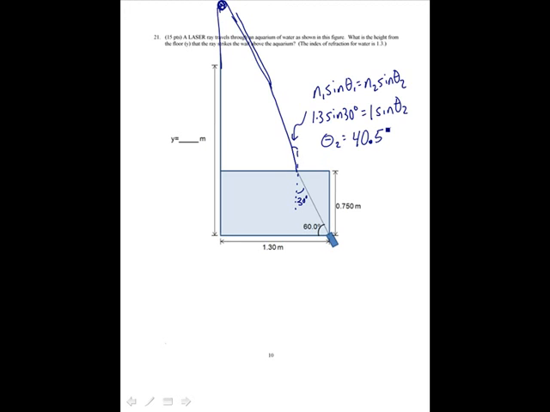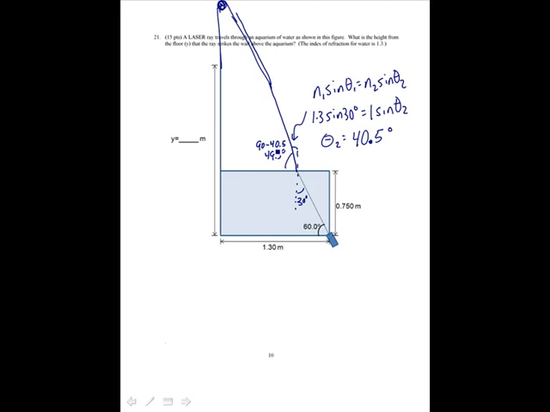Right. That was sort of the largest part of the optics part of the question, and then it was just a matter of geometry or trigonometry, if you will. So I can say that this angle is 90 minus 40.5, and so that is 49.5 degrees.